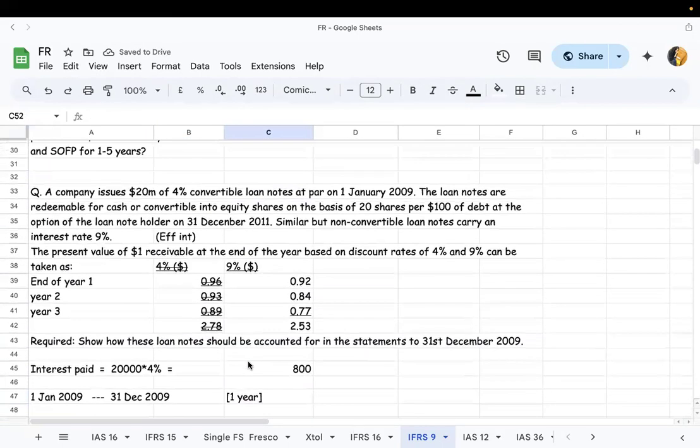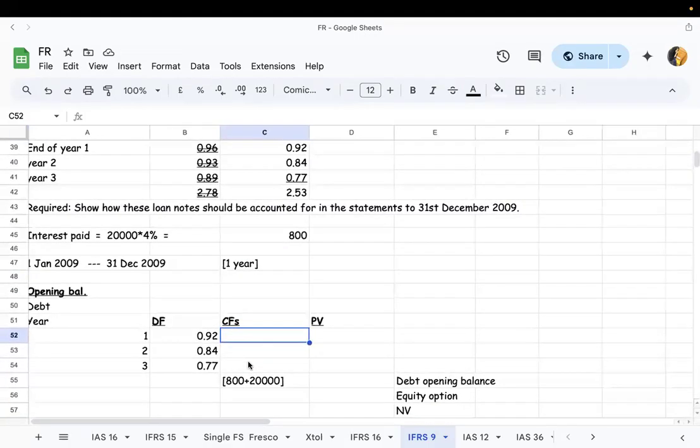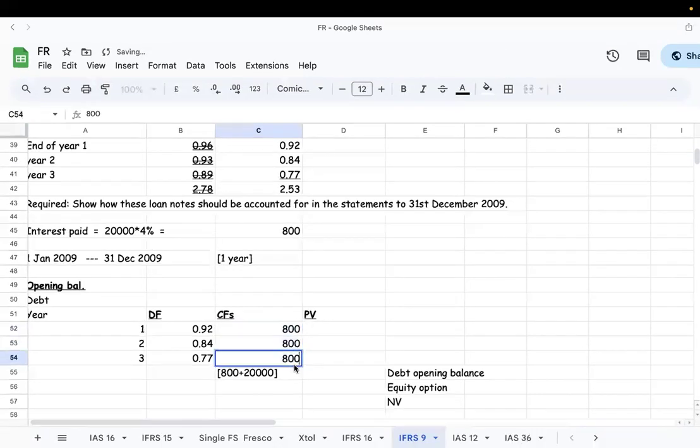Then you're going to take the cash flows each year that you have to pay if you're purchasing the loan note. How much is the cash that you're going to pay? You're going to pay 800 each year. But in the last year, you need to pay 800 plus the amount of 20,000, that means 20 million.